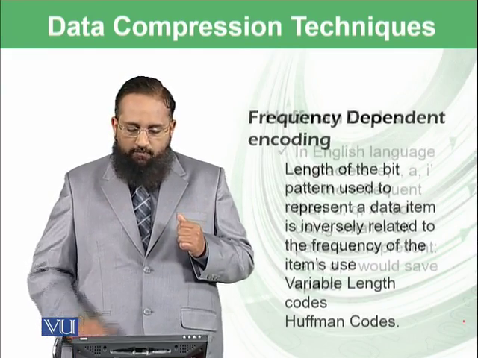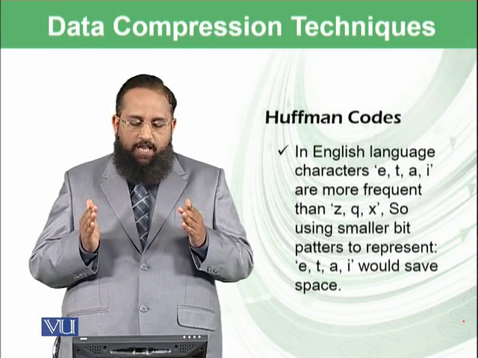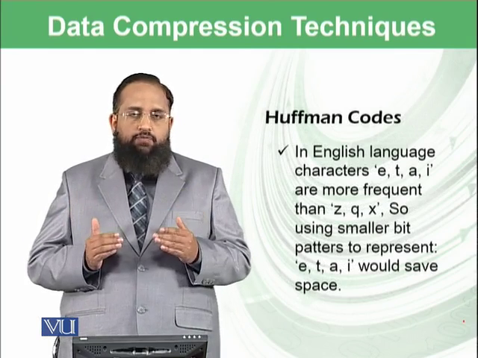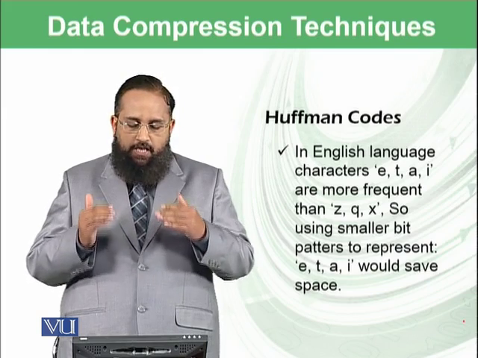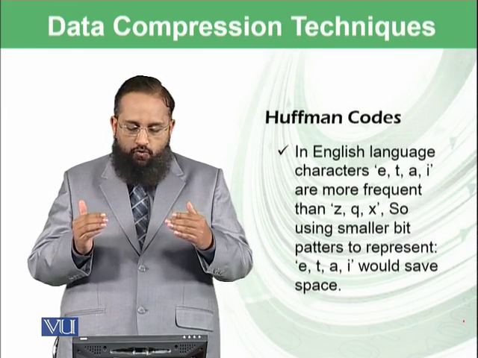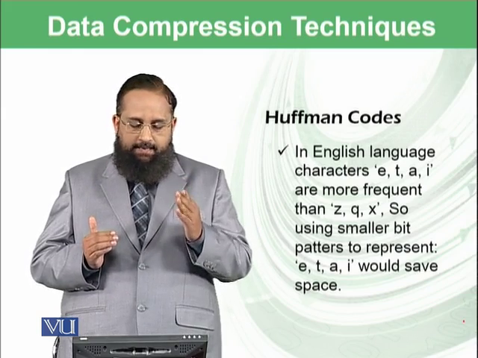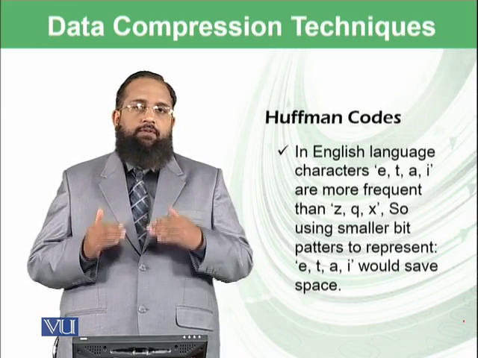So what are those Huffman codes? Let's see. In the English language, characters E, T, A, I are more frequent than Z, Q, X. So using a smaller bit pattern to represent E, T, A, I would save space.